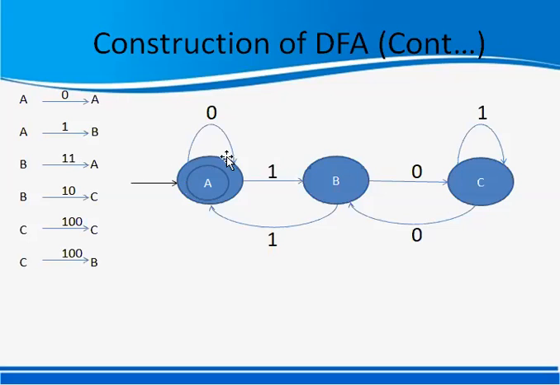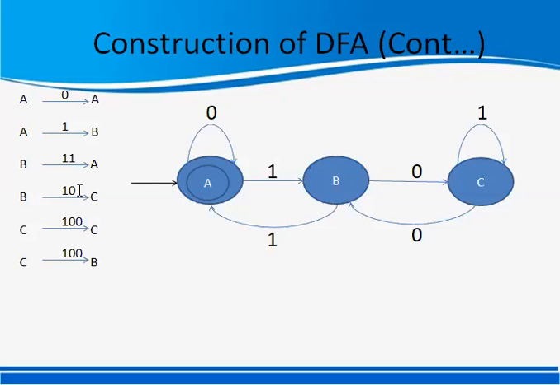And state A represents the set of all strings that generate remainder as 0. So from state B on input 1, our next state will be A.